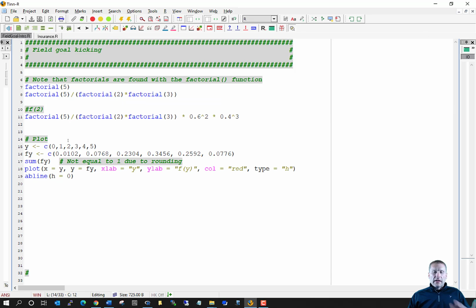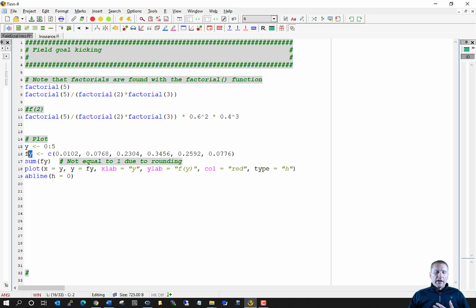Now, let's continue here. Let's put all the possible values of y into a vector. If you remember how to do that, we use the c function for combine or concatenate. I'm going to put 0 through 5 in there. Instead, if I wanted to, I could have also done 0:5, and that would say 0 to 5, all integers 0 to 5.